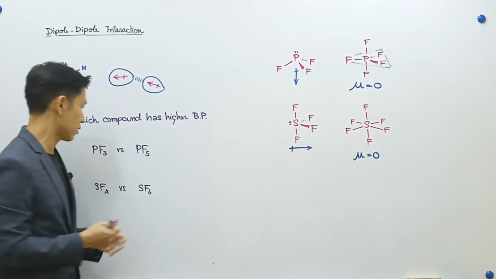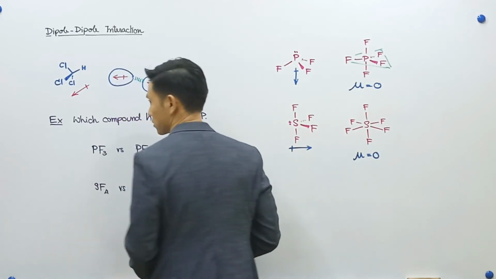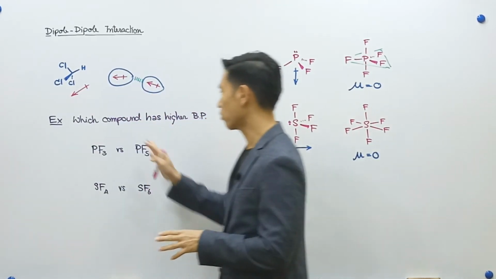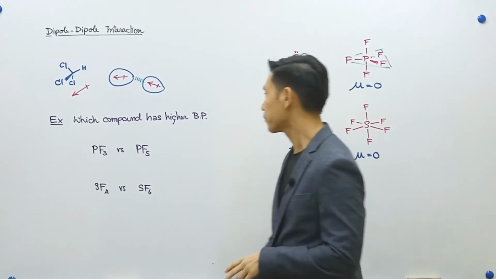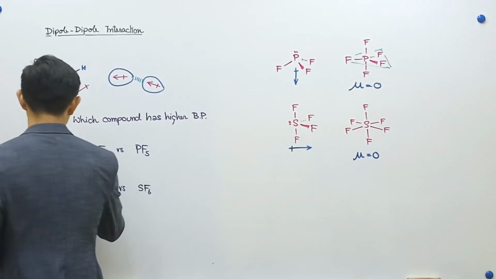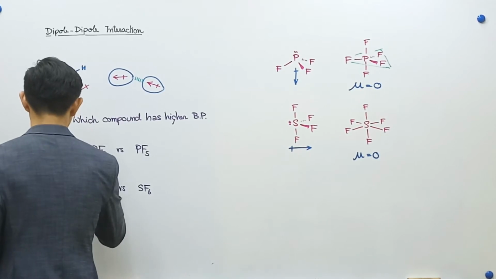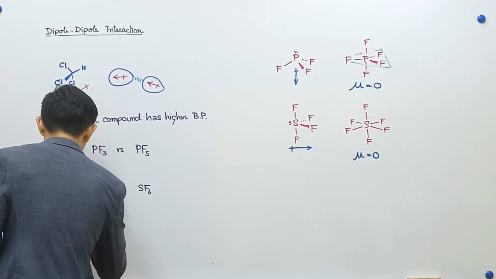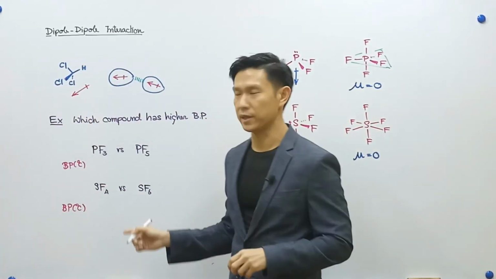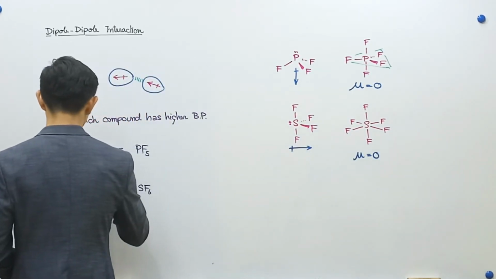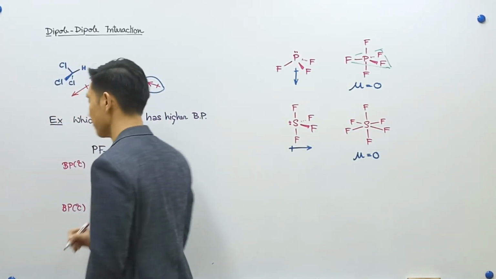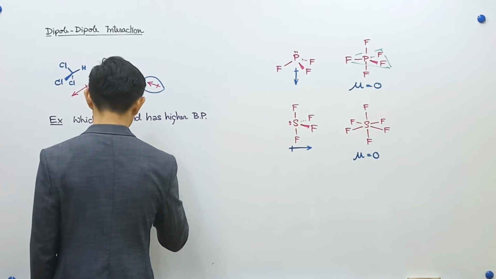But anyway, what I want to show is the boiling point of all 4 molecules over here. PF3, I would say boiling point in degrees Celsius. Okay. So PF3 is minus 102, PF5 is minus 85.